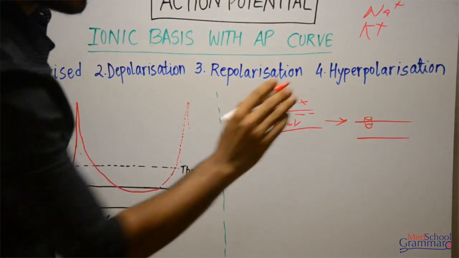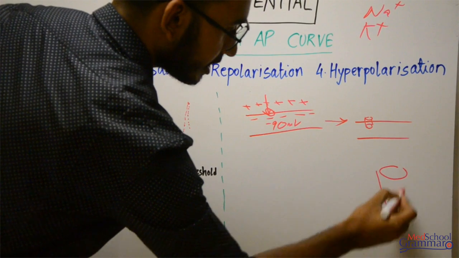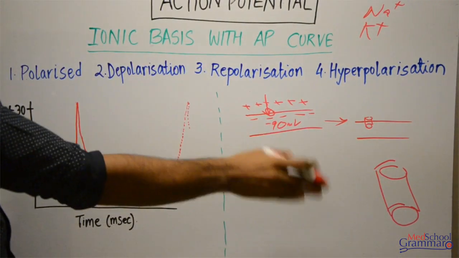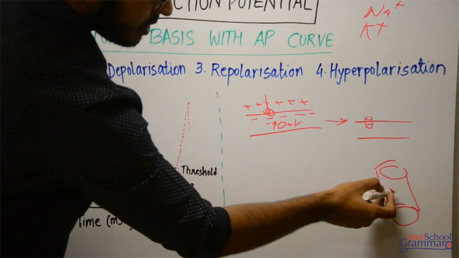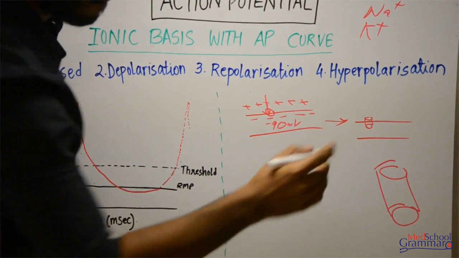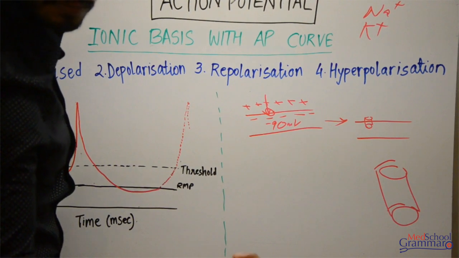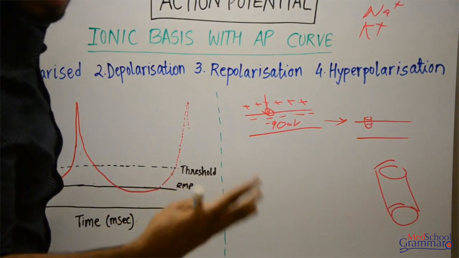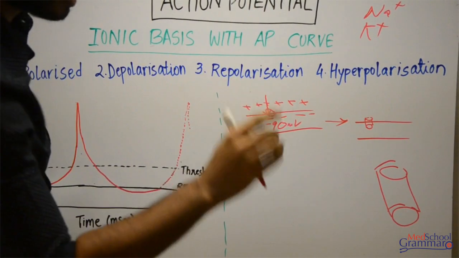We've also talked about channels being gated, that there are gates in the channel. There are literal gates. If this is a channel, then there are gates in the channel which control the opening and closing of the channel. Now sodium channels or potassium channels, whatever channels are, based on gating, they are of 2 to 3 types. Voltage gated, they can be ligand gated, or they can be mechanosensitive or pressure gated, right? We've done it in the previous lectures.